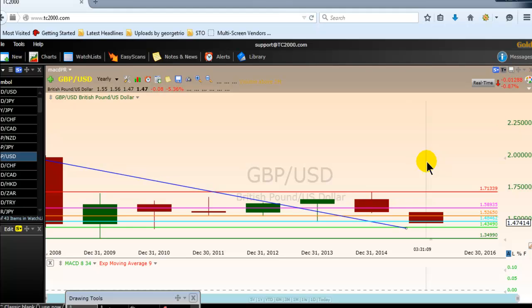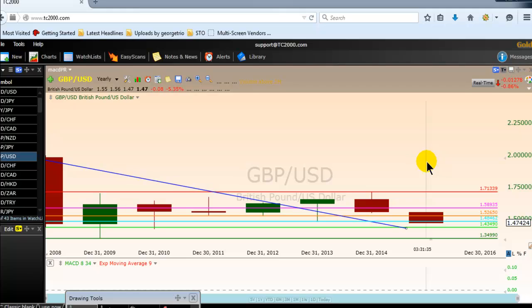All right. When we are talking about the British pound US dollar currency pair, or the pound dollar, or the cable as traders call it, C-A-B-L-E, one is comparing the economy of the United Kingdom and the economy of the United States.